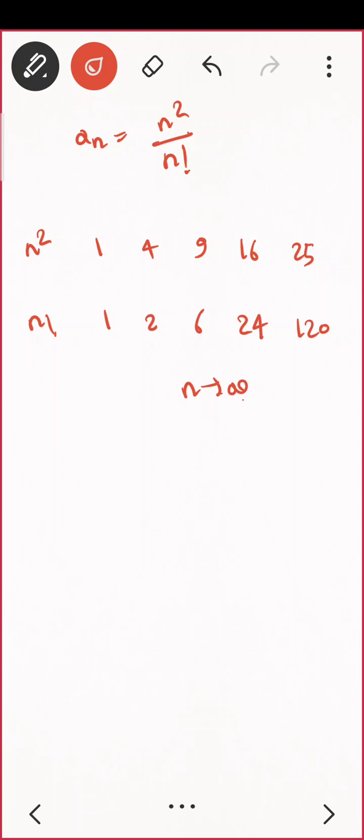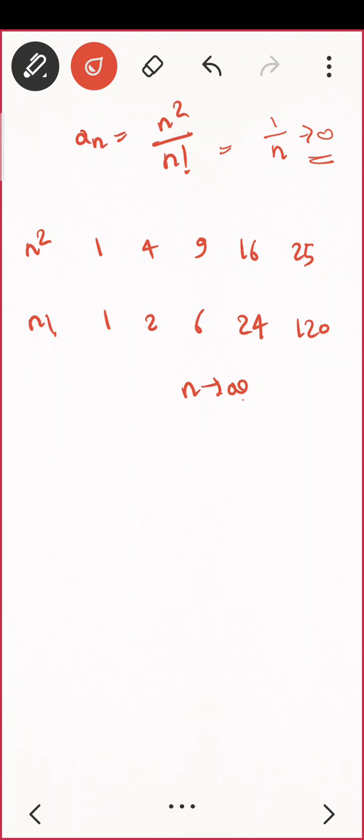N factorial here also. That means n factorial is dominating. So this is of the form 1 upon something in n, 1 upon a term of n in the denominator. Then again this will go to 0. So n factorial is on the top. Correct?